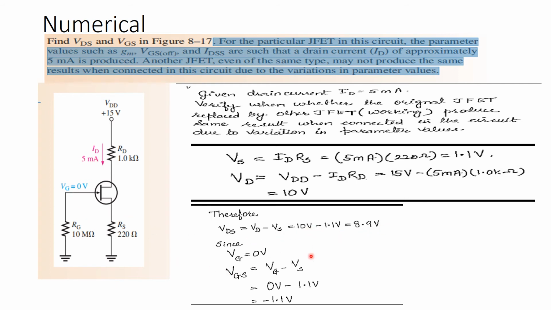VG is given to be 0 volts. So VGS comes out to be minus 1.1 volt. So whatever are these values calculated for this given junction field effect transistor, if it is replaced by another field effect transistor, will this set of values remain the same?